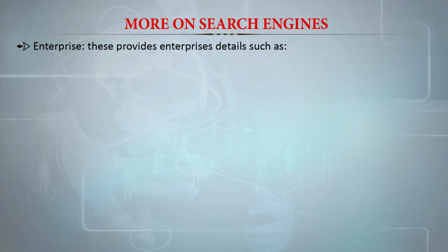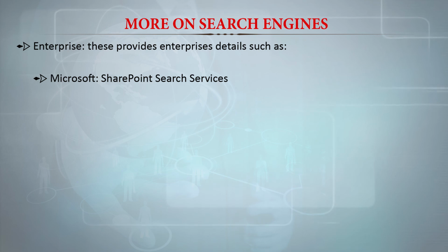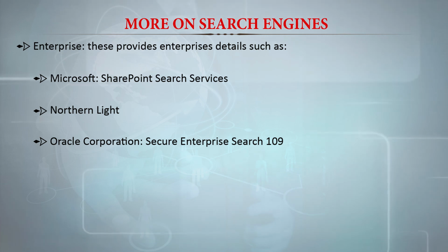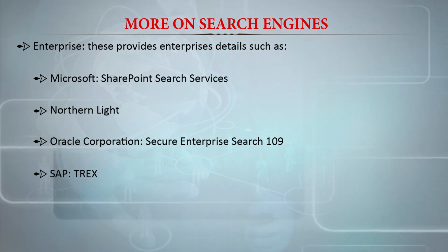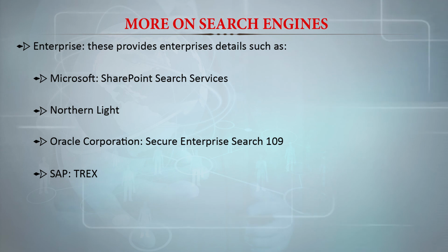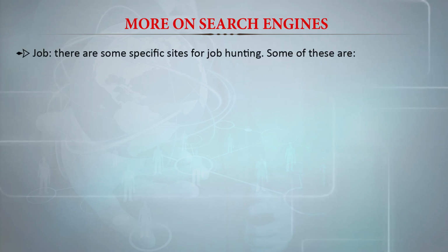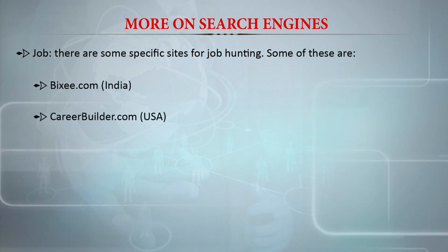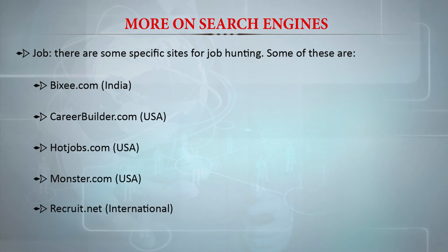And then we have enterprise range search engines such as Microsoft SharePoint search services, Northern Light. Then we have the secure enterprise search of Oracle Corporation. Then we have Trax and also one from IBM. Then there are websites for job hunting, for example, Bixee.com, careerbuilder.com, hotjobs.com, monster.com.